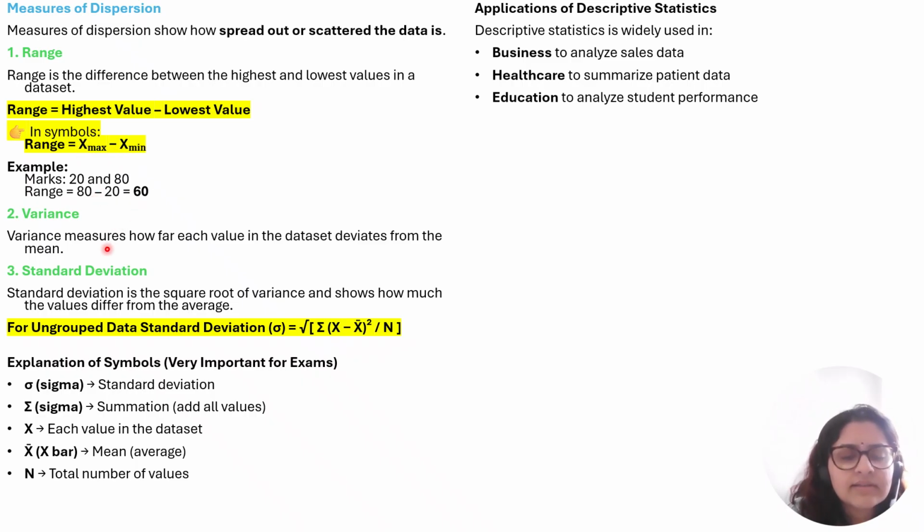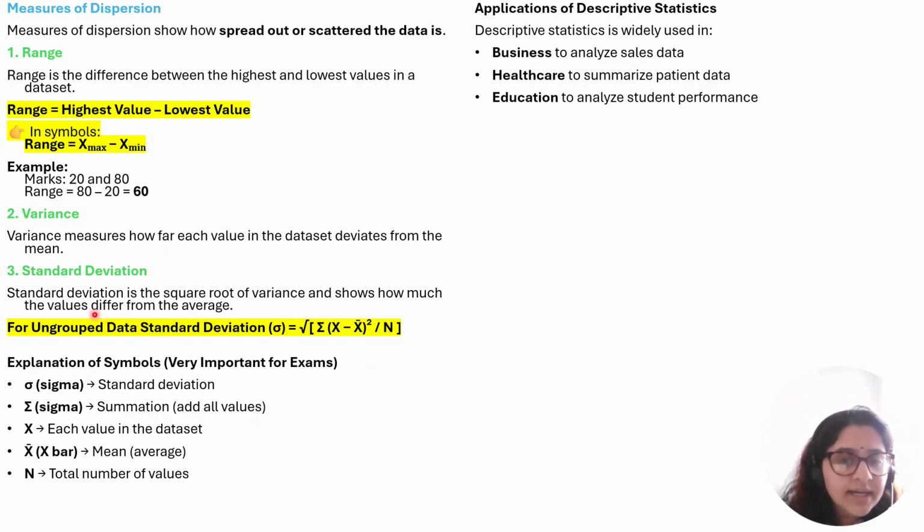Then variance measures how far each value will deviate from the mean in a particular data set. We calculate the mean, and then what is the difference of a particular value that we have taken, how much is it different from the mean value.